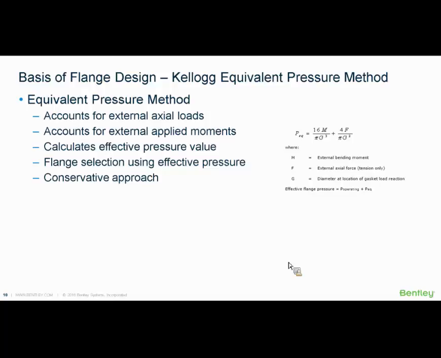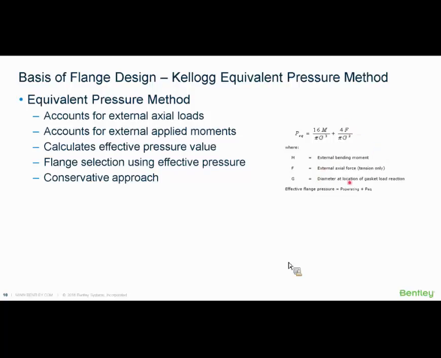So this is a conservative approach. It would give you higher results for your equivalent pressure, and that could actually lead to a higher class flange than is actually required. So over here you can see the equation. M is the external bending moment that the flange experiences, and F is the external axial force, which is tension only. Compression is not taken into consideration.